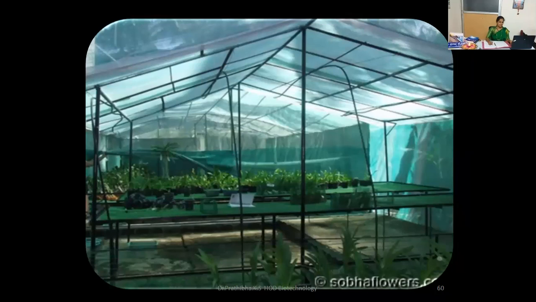Plant hardening is usually carried out under a greenhouse, which ensures high survival of the tissue cultured plants in the field. The greenhouse can be of net, or glass, or polyethylene films, or sheets of polycarbonate or acrylic can be used.